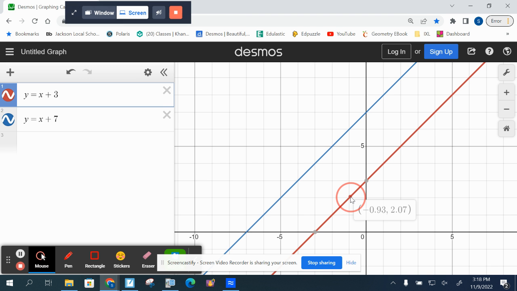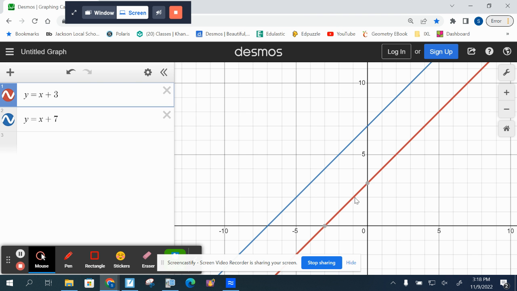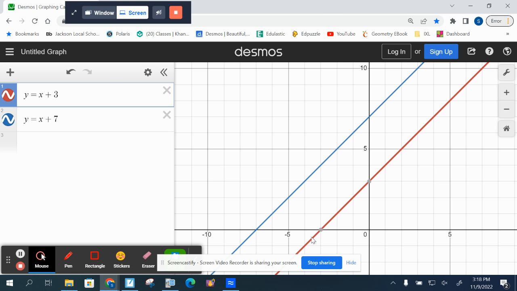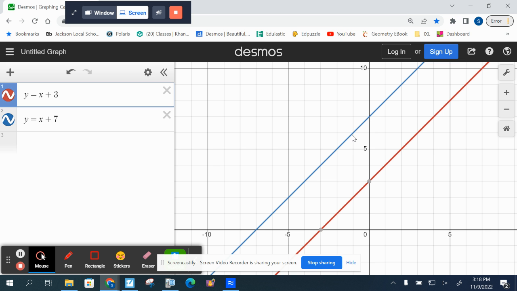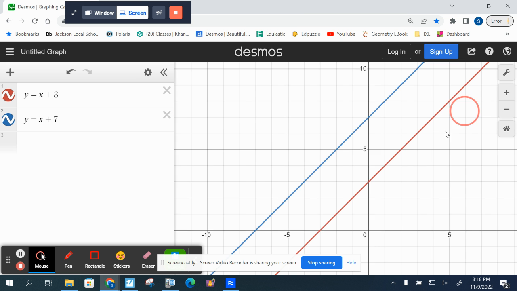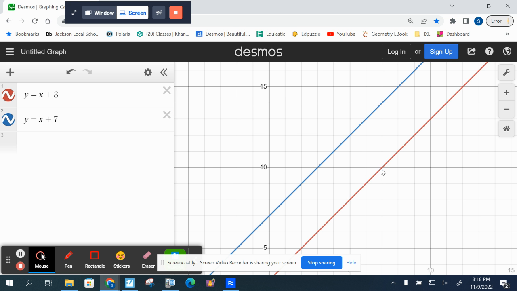If I look at this point, maybe this doesn't do a great job of showing me the points, it shows me the intercepts. This is at 0, this point is at 4. This point's at 2, this point's at 6. Even if I go all the way up here, this point's at 10, this point is at 14.